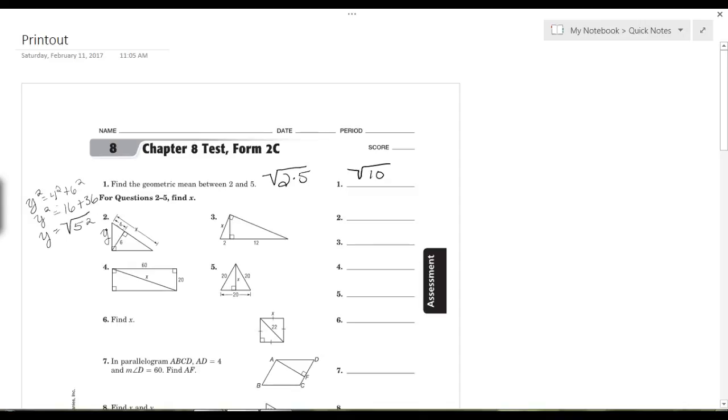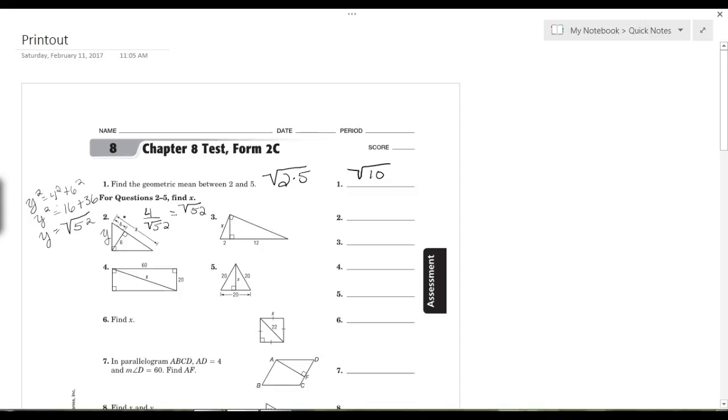Now when I look at my triangles, I find out that the small side of my small triangle is 4. The small side of my large triangle is y, so that's going to be the square root of 52. The hypotenuse of my small triangle is y, which is the square root of 52.